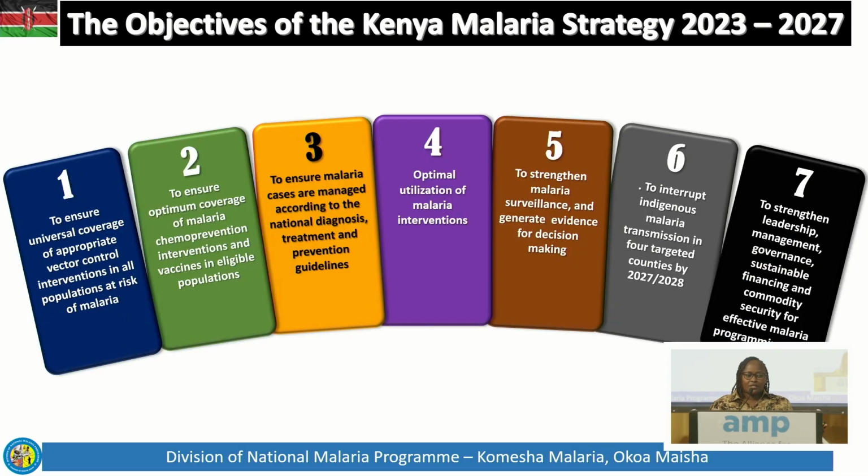And then we have a strategic plan running from 2023 to 2027, and those are the key objectives for those areas. We'll narrow down to objective 1, which is basically the vector control intervention, and then we narrow down to the ITN. So those are the key interventions, with basically as a program, all these objectives have to work together for us to be able to achieve the elimination goals.